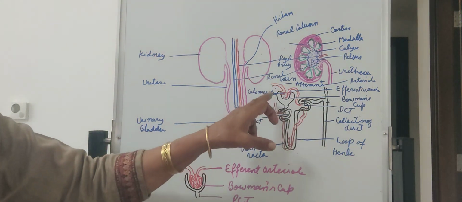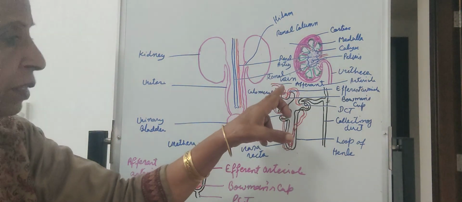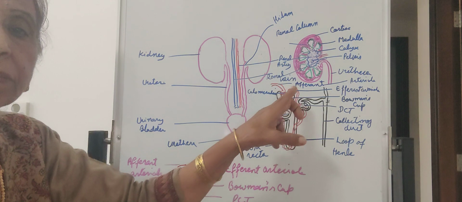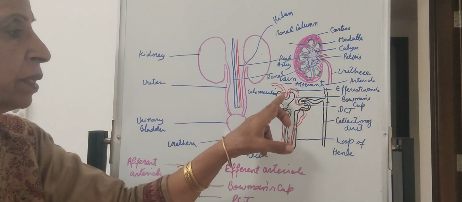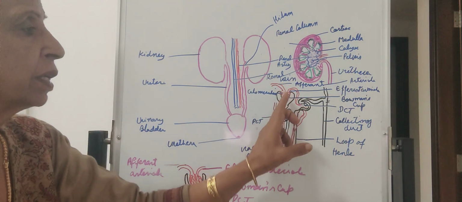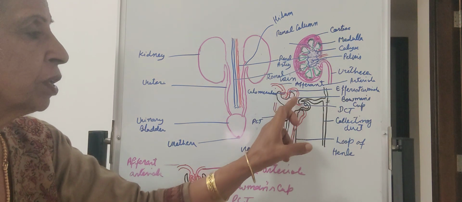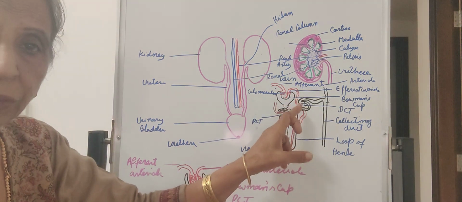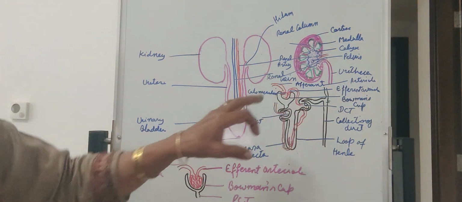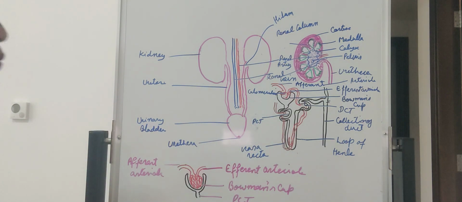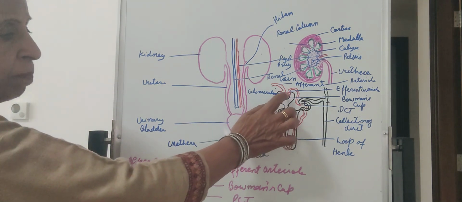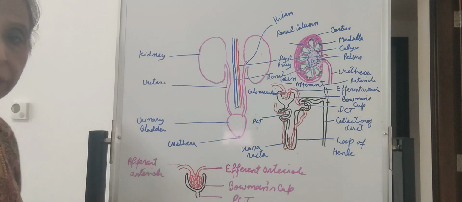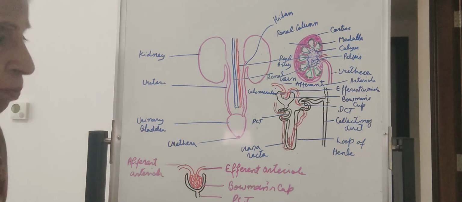The afferent arteriole branches to form the capillary network, which again unites to form the efferent arteriole, which comes out. The renal tubule consists of two parts. The cup-like structure at its upper end is called the Bowman's capsule.